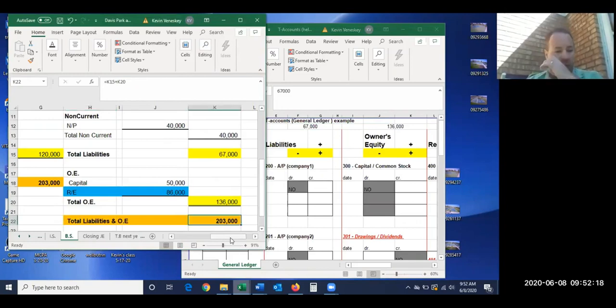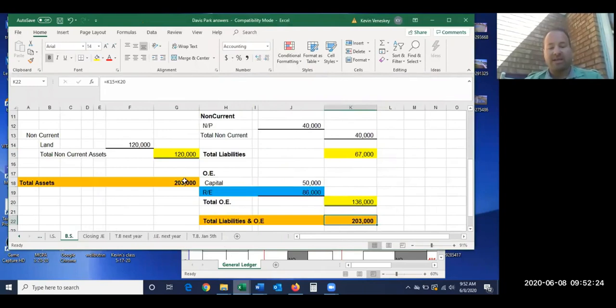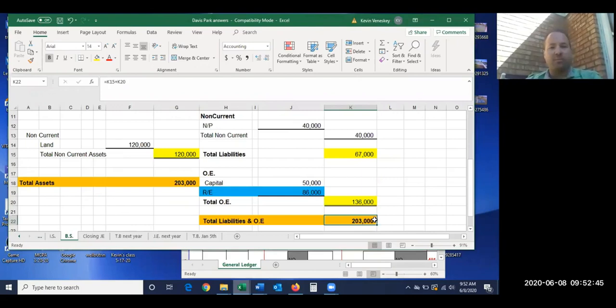And they better equal the same thing as what my assets were. And they do. My assets were 203. And then when you add these two up, it's also 203. That is your check figure to see if you've done everything right. Full circle, did the accounting equation actually balance?